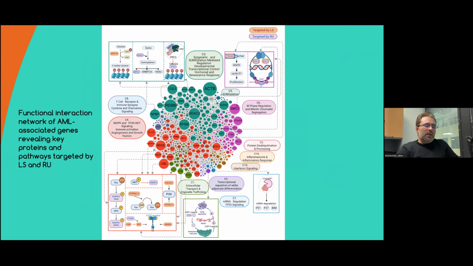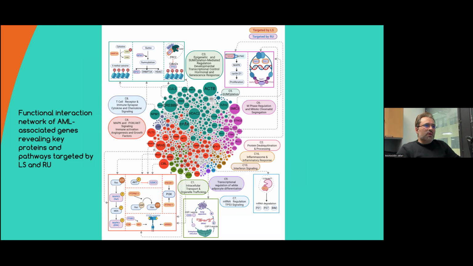And we made the AML-related signaling network. We integrate all of the pathways that we have enriched, then extract all of the mutations related to AML and all of the known targets of the drugs related to AML, and then extract all of the pair shortest paths between those inside that network. Then we have an AML-related network. Then we did clustering analysis and more enrichment analysis based on the biological pathways.